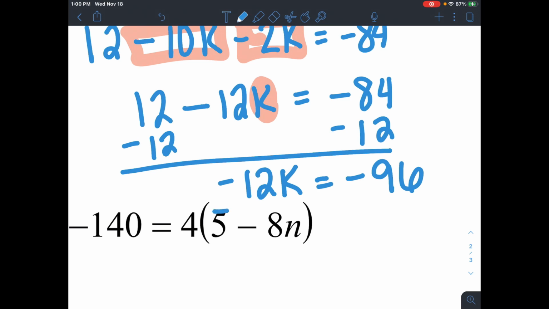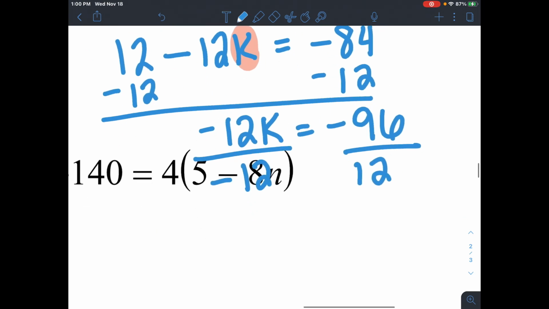My last step, I'm going to divide both sides by negative 12, so k equals, negative divided by negative will equal a positive number, and 96 divided by 12 is 8. So k equals 8.